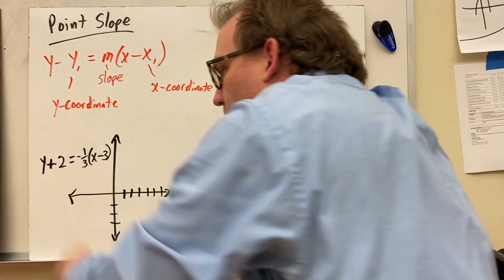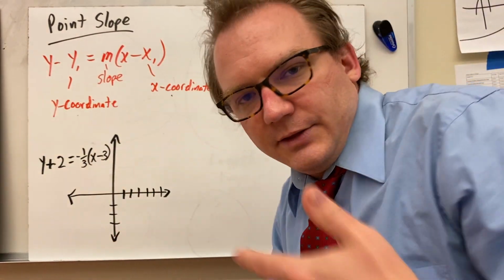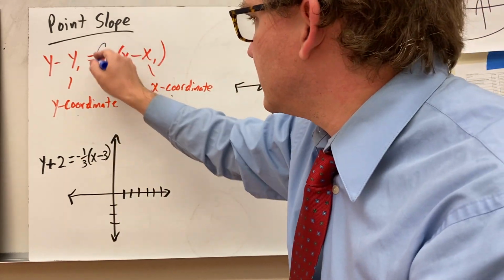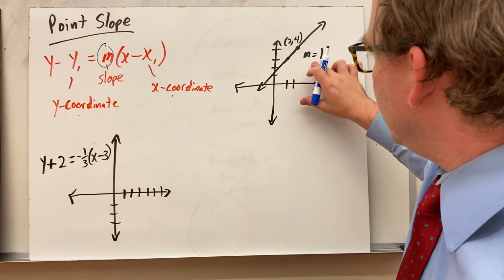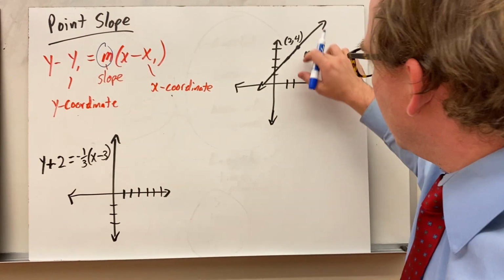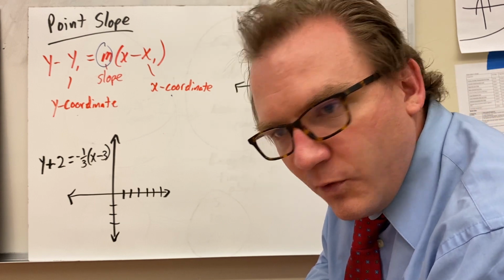Point-slope form. For this one, you're going to need a y-coordinate and an x-coordinate from a point on the graph, and you still need the slope. In this graph, the slope is 1, m equals 1, and one point is labeled, meaning I can write the equation in point-slope form.